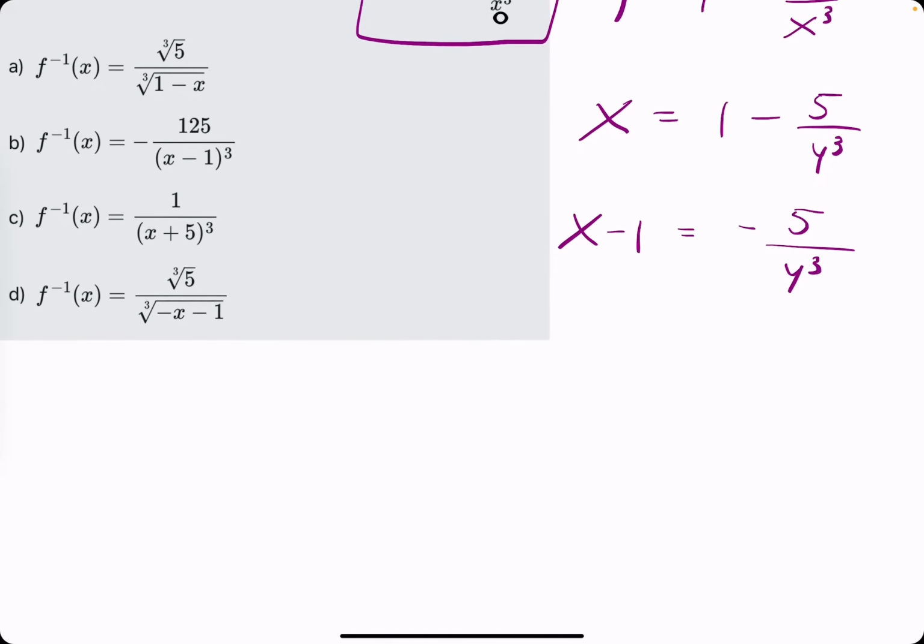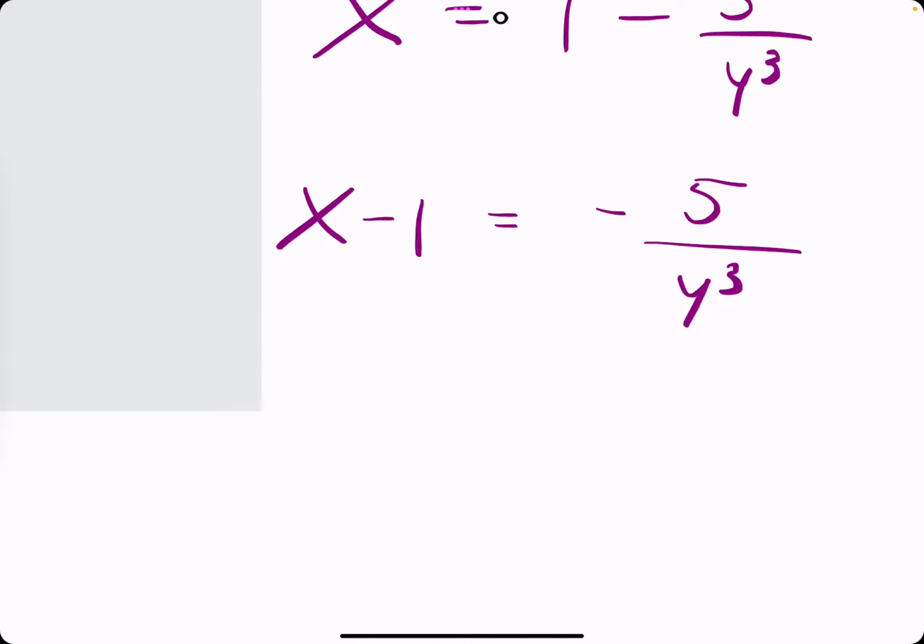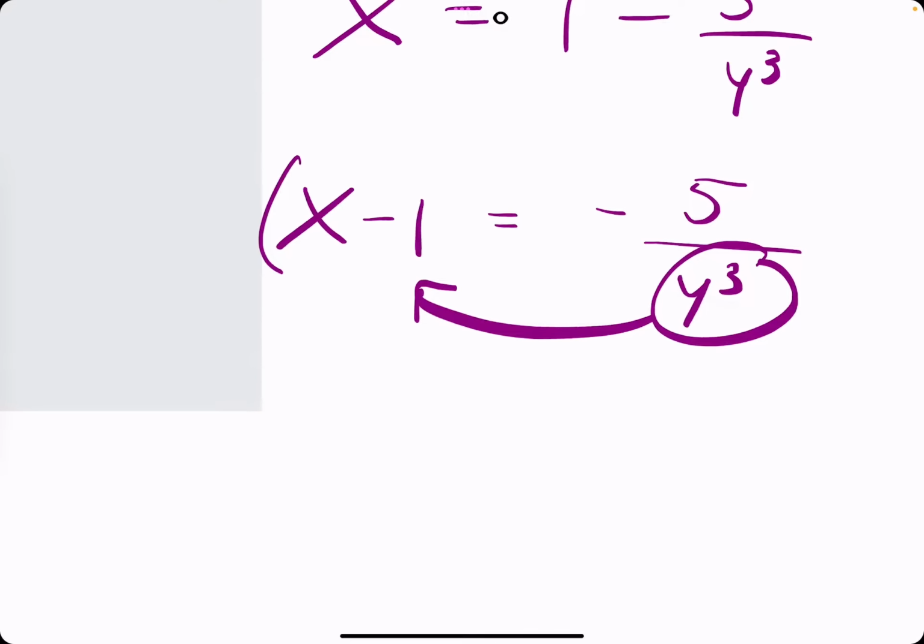Now I'm going to show you a very useful algebra trick, and that is if we're trying to solve for y, but it's in a denominator, we're going to multiply this whole thing up to the left side, or basically multiply both sides by y cubed, but simultaneously divide by x minus 1. So what's going to happen is x minus 1 and y cubed are going to trade places.